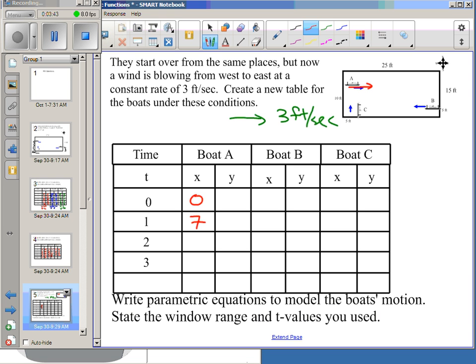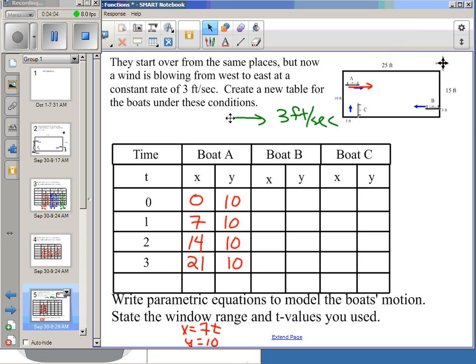At 2 seconds, it's moved 14 feet. At 3 seconds, 21 feet. Our general equation will be x equals 7t, the 4t plus the 3t. The y is still the same. The y is always 10, and so y equals 10.